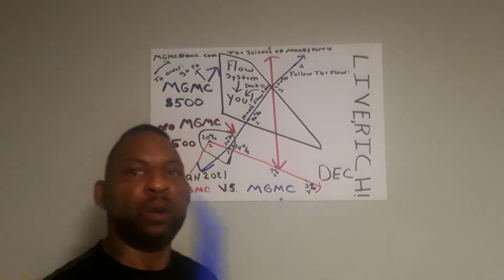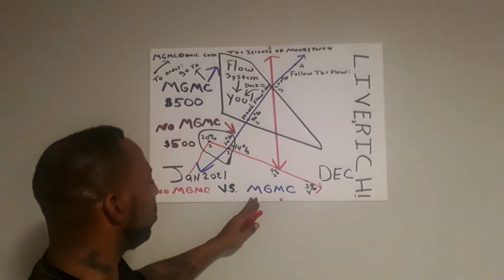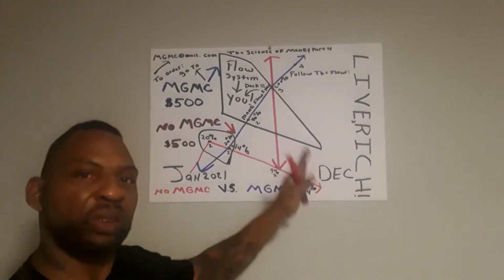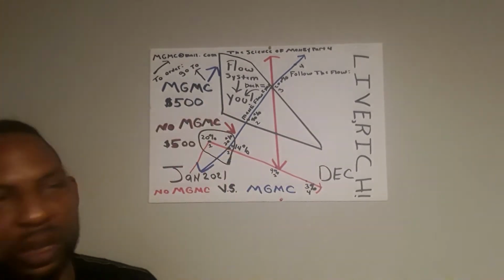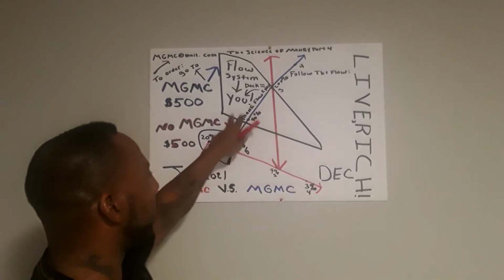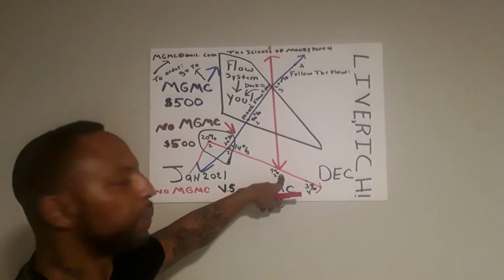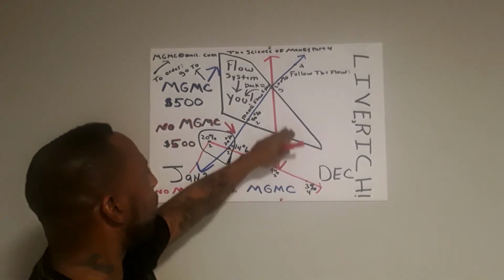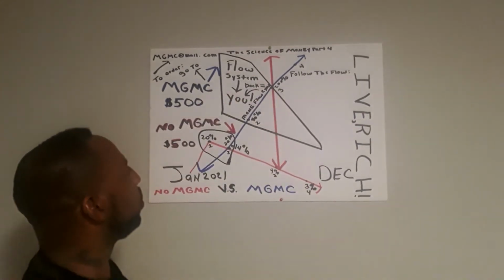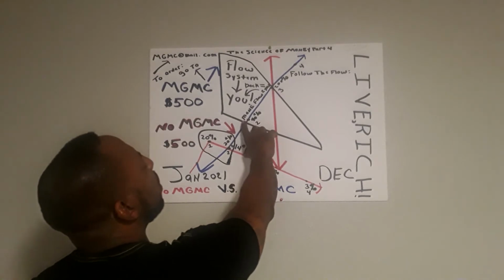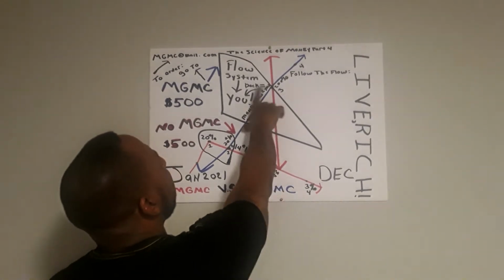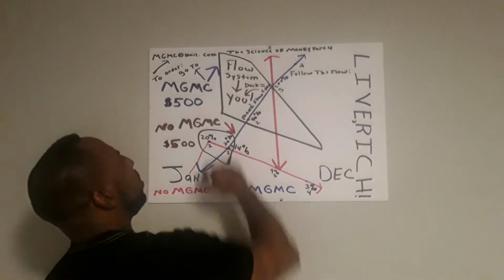What we want to do with this mgmc and with this teaching, which is entirely free, is show you a way to capture that flow and flow it back to you, more flow back to you, and you create a flow system.